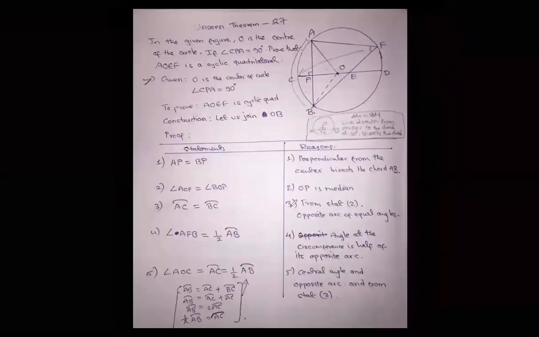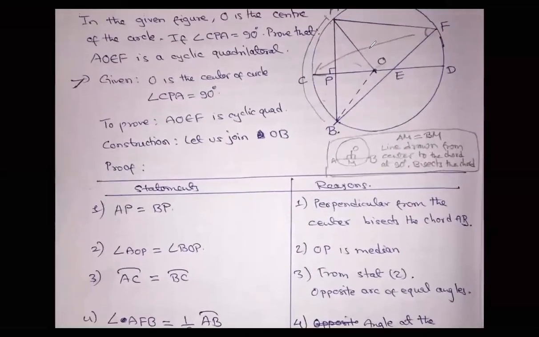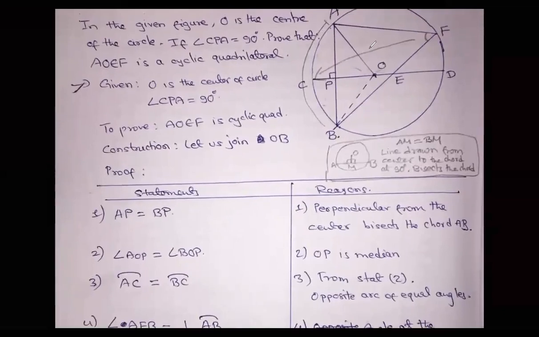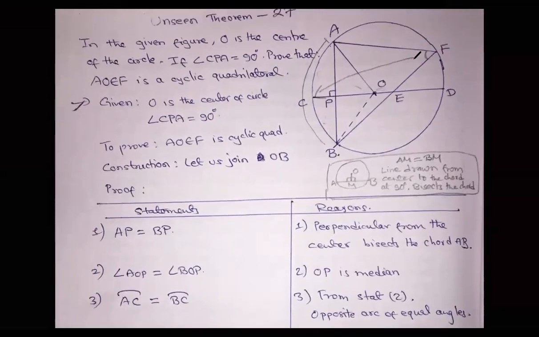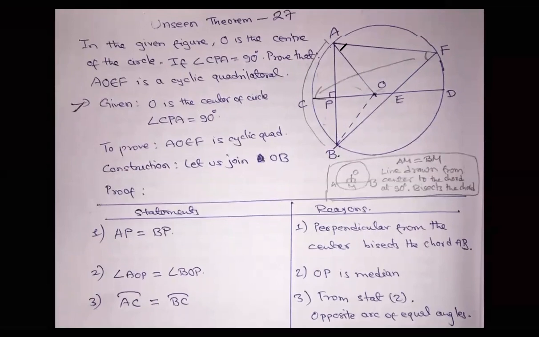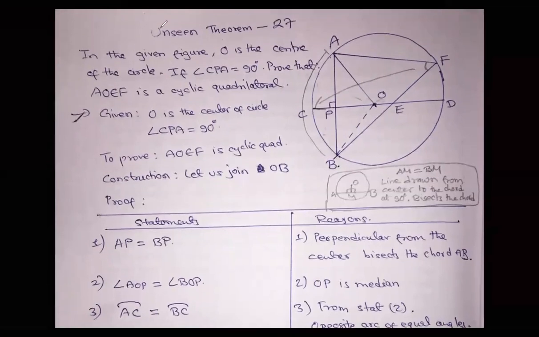Okay. Next one we can go like this now. So look at my statement number 4. AFB, if you see this angle, let me focus on this one. Let me highlight this one.